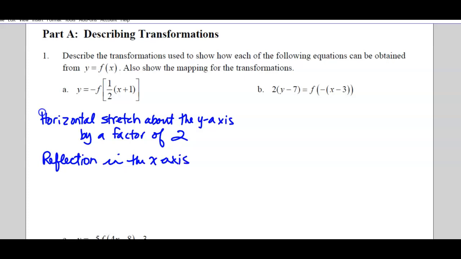Okay. And then there's only one adding, it's with the x. So this is a horizontal translation. Is that left 1 or right 1? Left 1.